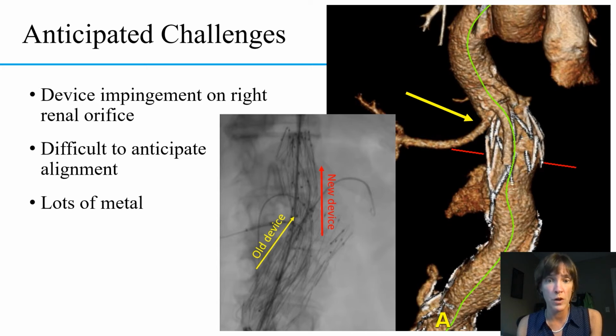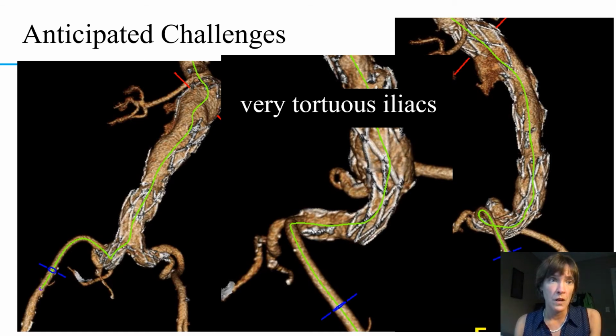That is truly one of the most important aspects of these cases in terms of operator fatigue. And we also anticipated challenges with these very tortuous iliacs. So again, tortuous iliacs are always a problem, but even more so in the case of an indwelling EVAR device because of the additional friction, etc., as the device is passed through those limbs.